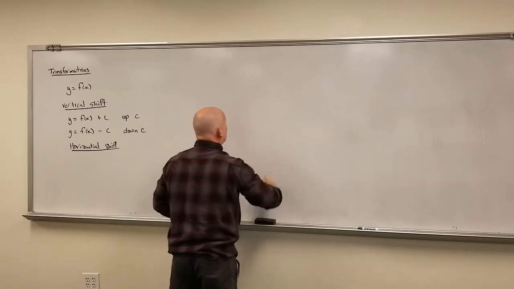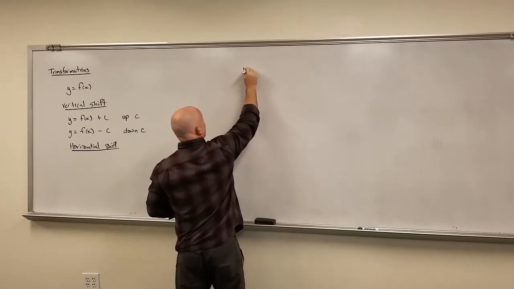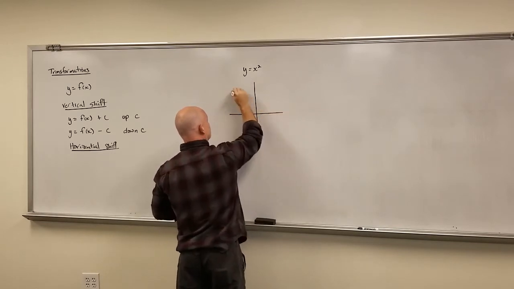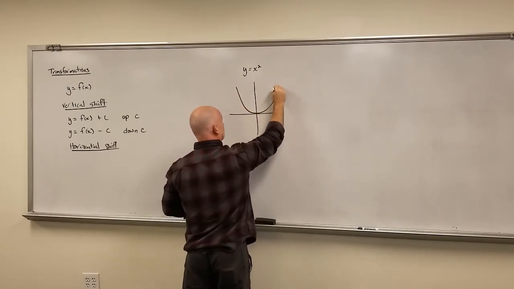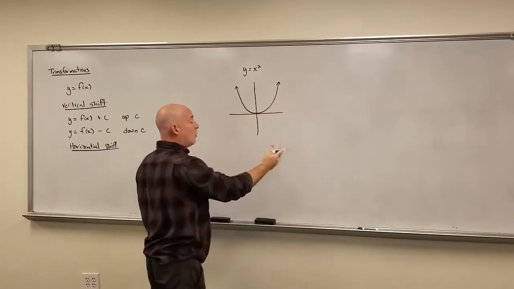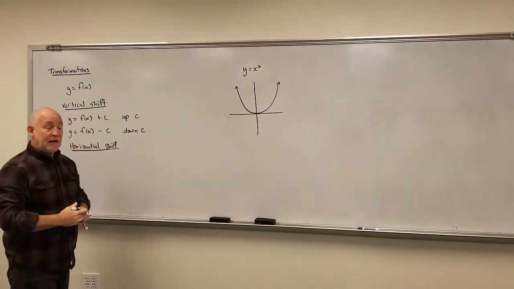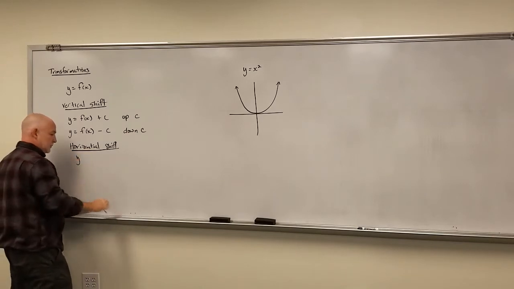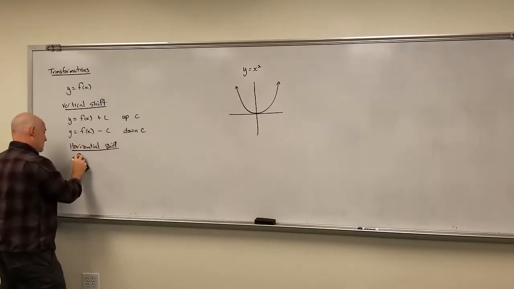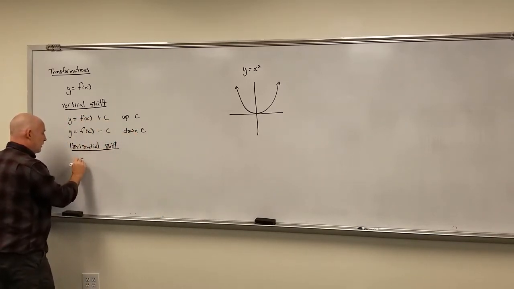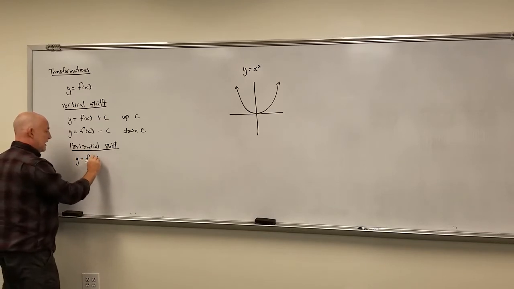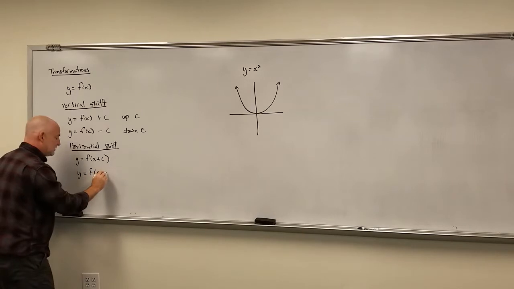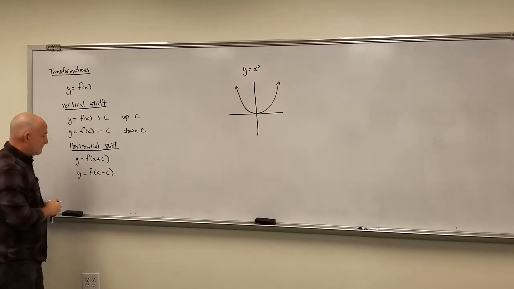I'm just going to put my original function back up there. If I wanted to move this horizontally, I would have to add something to the x value. So we would take our original function and take the x and add something to it, or subtract something from it.